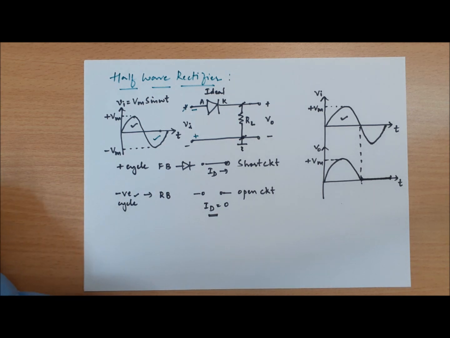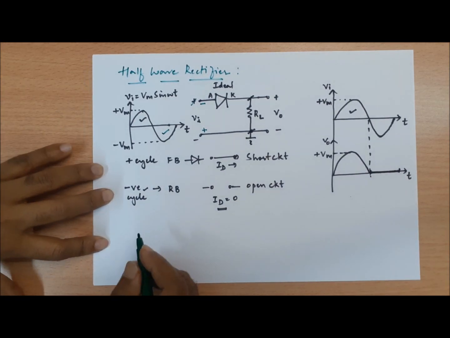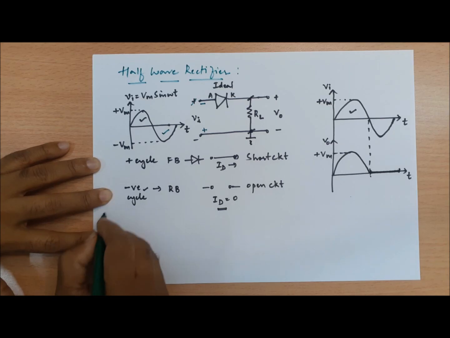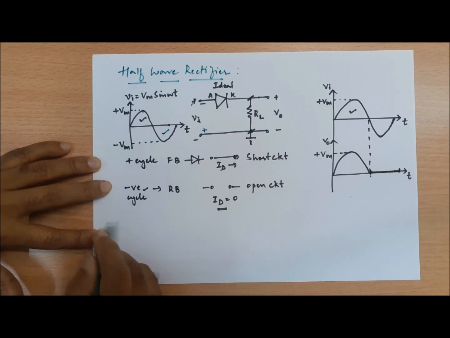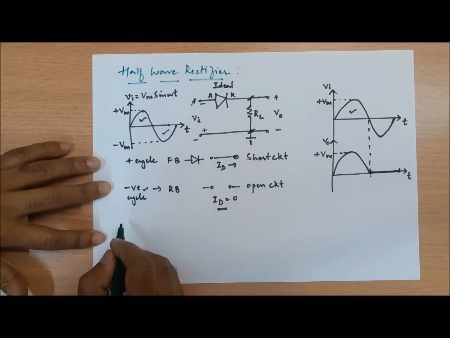I will be only listing the important parameter values. The first and foremost important parameter for a half wave rectifier circuit is the average DC voltage or the average DC current.